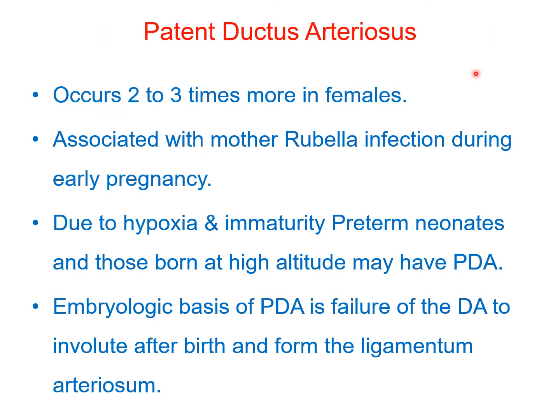There are two conditions we are going to discuss. One is known as patent ductus arteriosus, which occurs 2 to 3 times more in females, and patent ductus arteriosus means that the ductus arteriosus does not close and remains open. Mostly it is associated with maternal rubella infection during early pregnancy. If the mother is infected by rubella in early pregnancy, it can remain open.